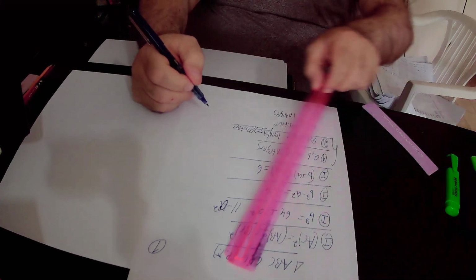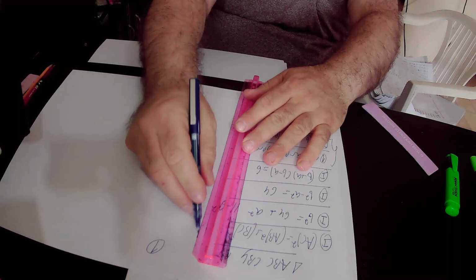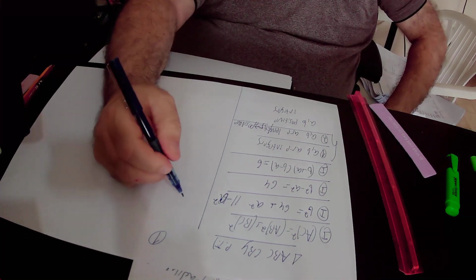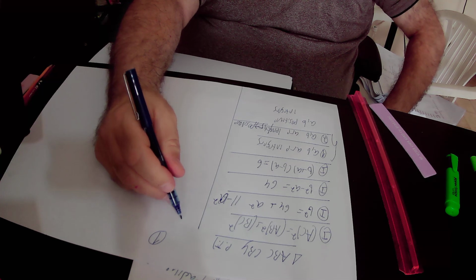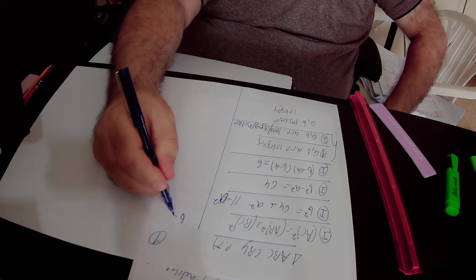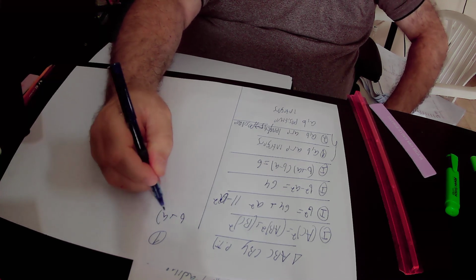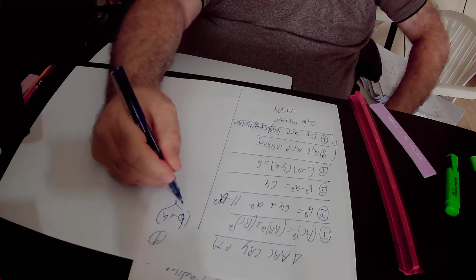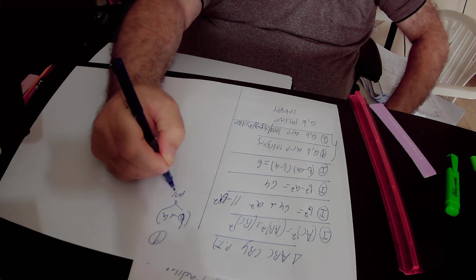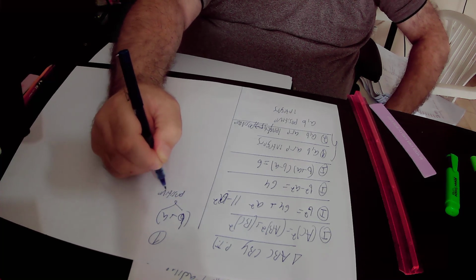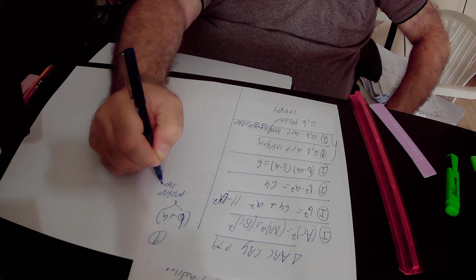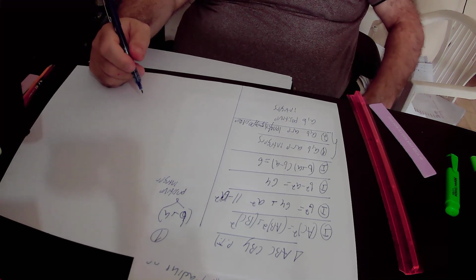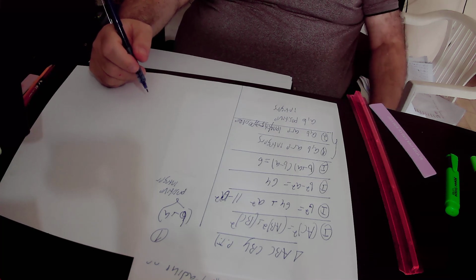B is a positive integer and A is a positive integer, therefore B plus A must also be a positive integer. Because when you add two positive integers to each other, the result must be a positive integer.